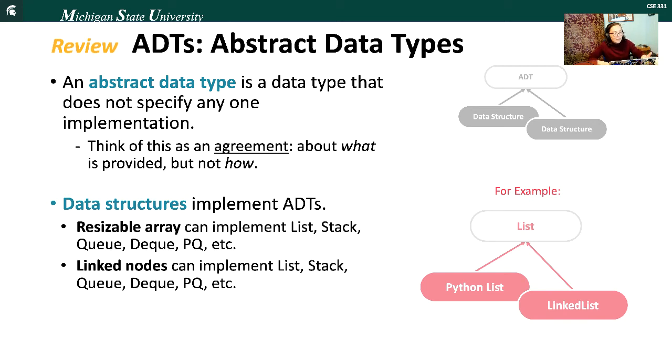So what can we do to take advantage of these ADTs? You're going to find out, for example, that in order to build a stack ADT or a queue ADT, which is something we're going to talk about, we haven't covered that yet, you're going to perhaps use a resizable array or a Python list. Or you're not going to use a Python list. You're going to say, you know what?